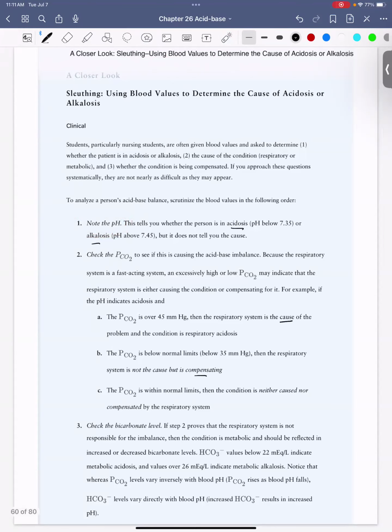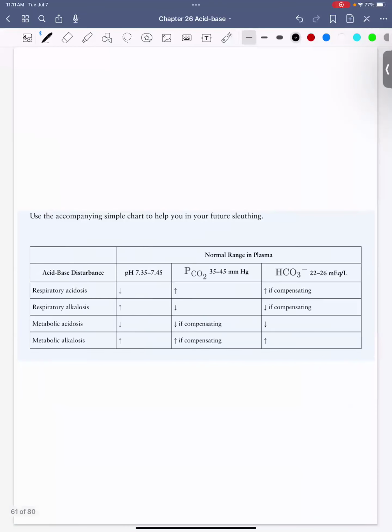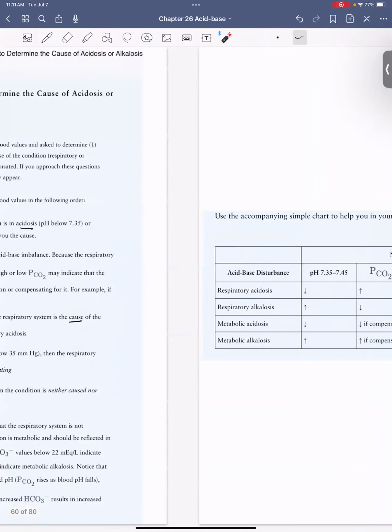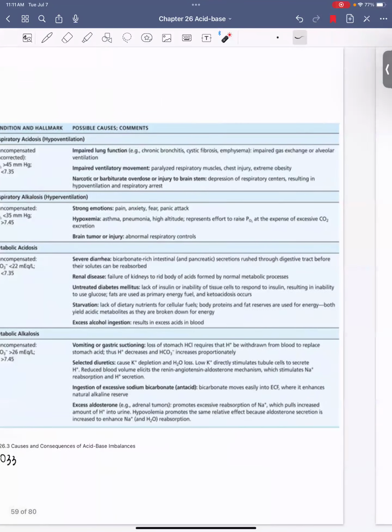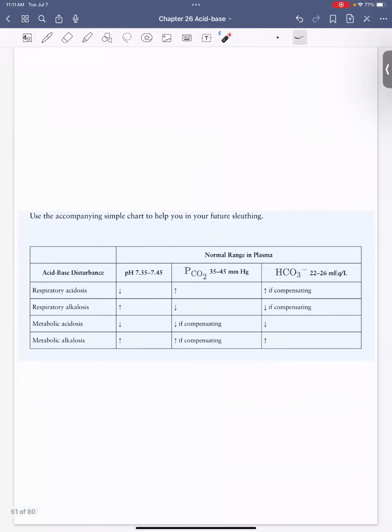And then they tell you to check the bicarbonate levels. At the end of that sleuthing is this table, which tells you what the values for pH, carbon dioxide, and bicarbonate are for each of the four conditions and what they will be if compensation is taking place. So again, in this table, all of the values are for uncompensated acid-base imbalances. And in this table, they are for compensated.